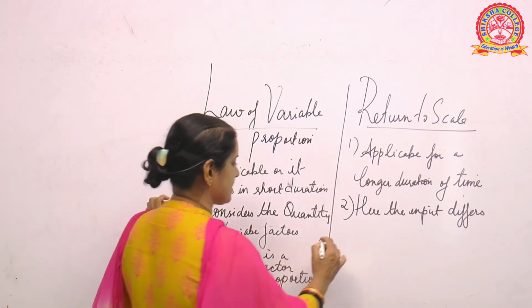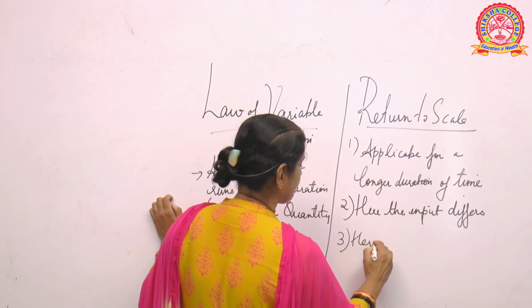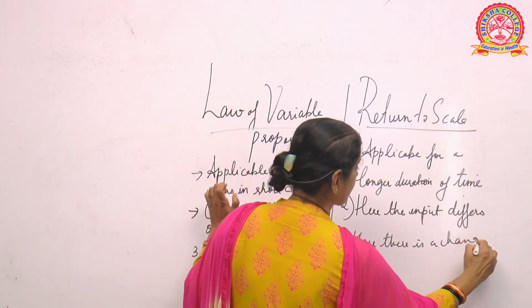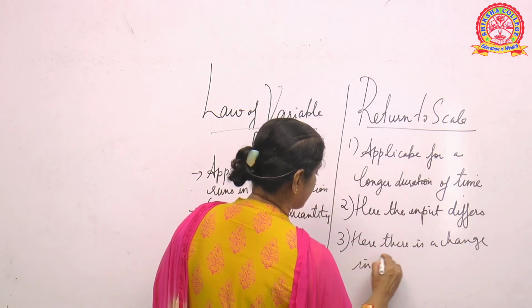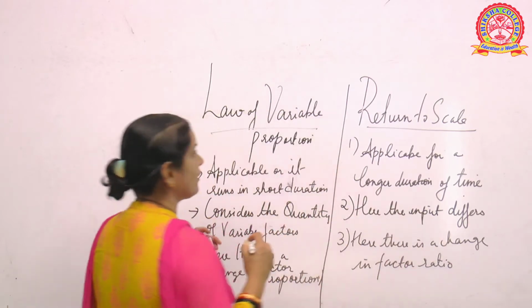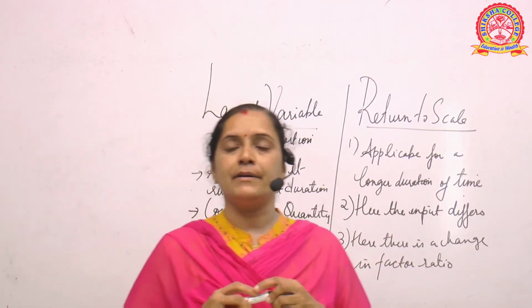Please try to understand the system. Here there is a change in factor ratio, not in proportion. So this is the third important difference when we compare the law of variable proportion and return to scale.